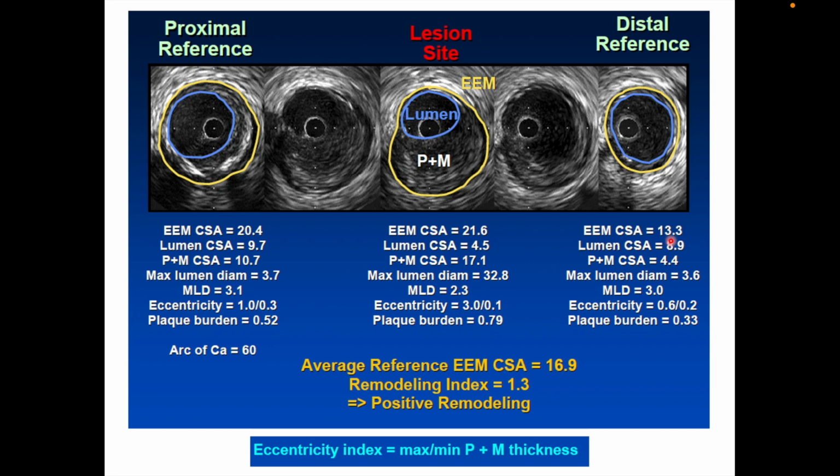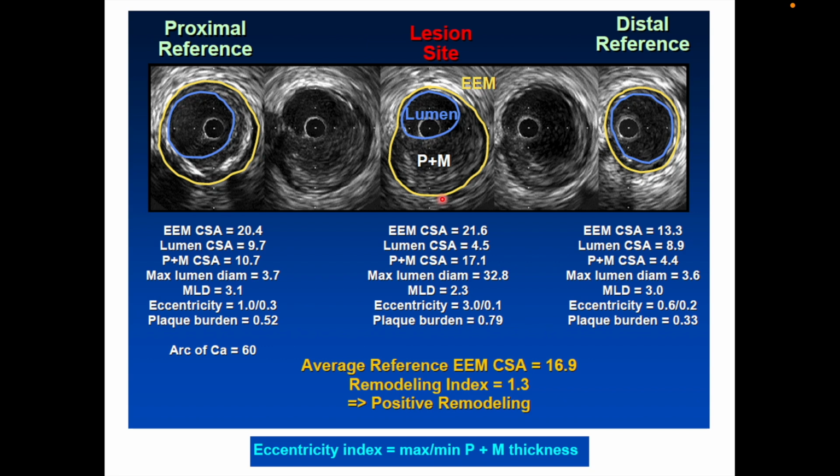It's smaller, so this is okay. But at the lesion site, this one is 21.6, which means this is even bigger than the proximal reference segment. If it is bigger than the proximal reference segment, you can see that the artery has grown bigger at the site of the lesion. That means this is positively remodeled.